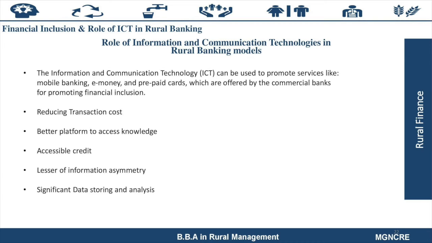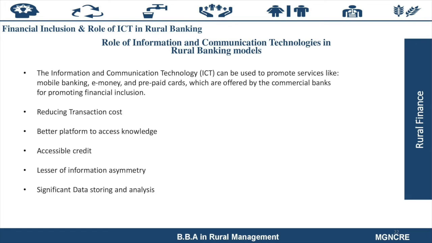In management studies, the biggest problem one might face is the asymmetry of information. And in the financial world, especially in financial management with concern to rural finance, the biggest disadvantage anyone might face is information asymmetry. Information asymmetry can create havoc both for the commercial bank and for the customers of the rural area.